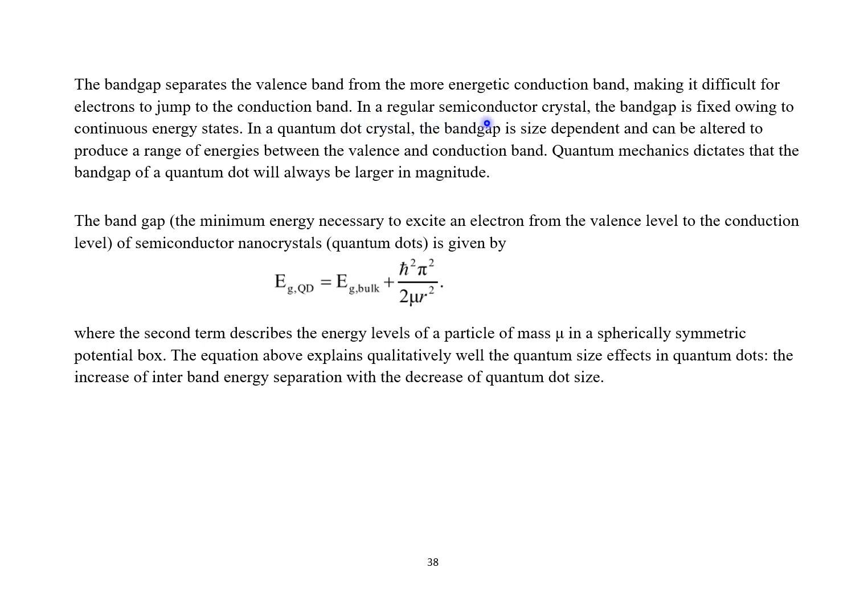In a regular semiconductor crystal, meaning a bulk semiconductor crystal, the band gap is fixed owing to the continuous energy levels. In a quantum dot crystal, the band gap is size dependent, and can be altered to produce a range of energies between the valence and the conduction band.